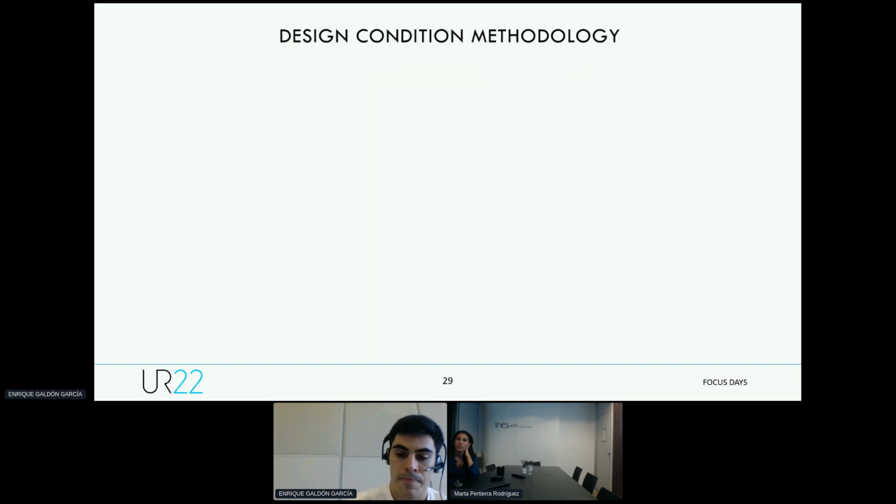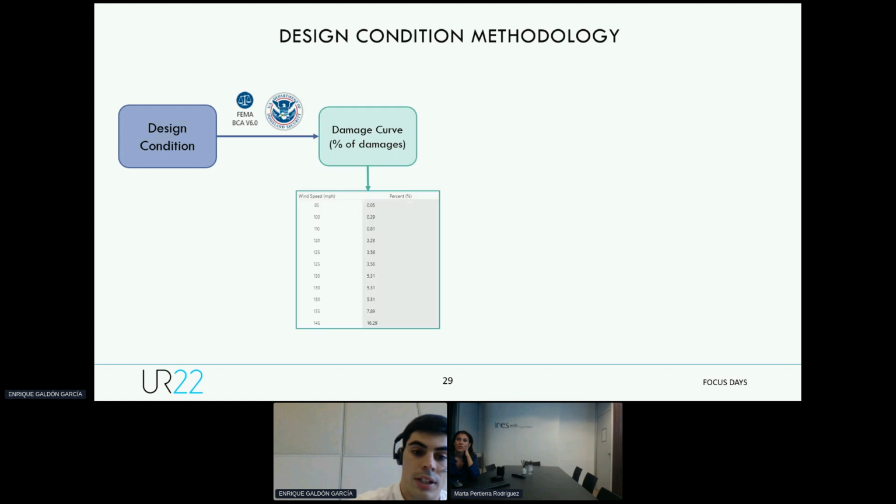Well, how do we estimate the design condition? Well, again, we use the FEMA information. In this case, we use the benefit cost analysis tool.